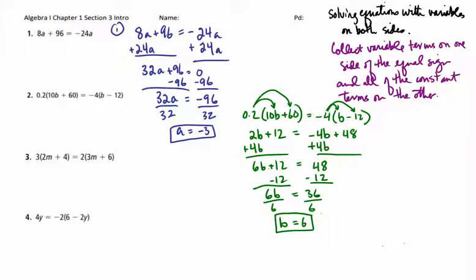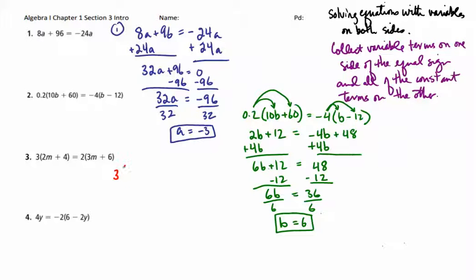Now, those are examples of solving multi-step equations with variables on both sides. Something else that happens when we have variables on both sides is we get two special cases of equations, and we'll take a look at example 3 here. It shows us one of those special cases.